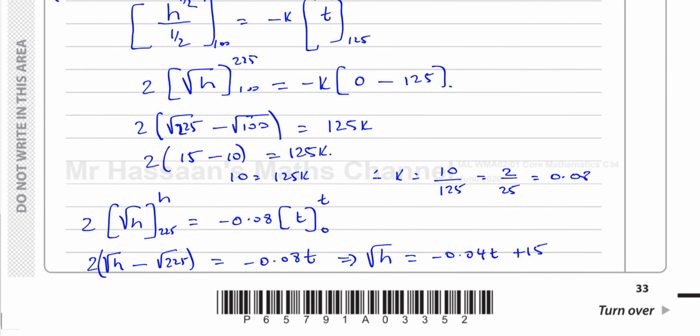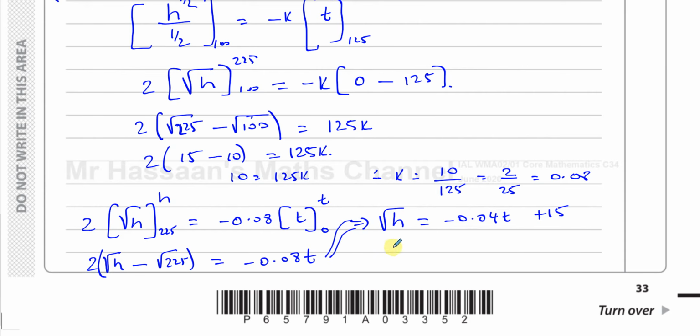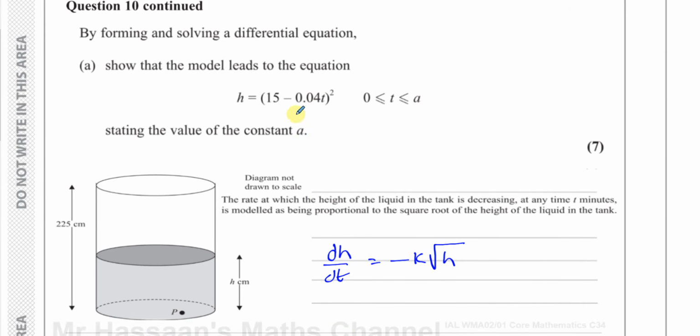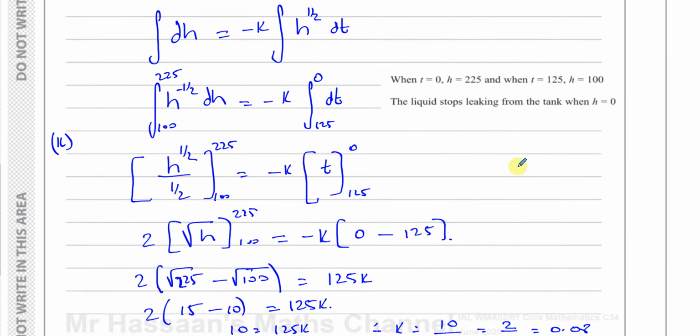Now I can square both sides. So I have h equals 15 minus 0.04 t, all squared, and that's exactly what I had to show.